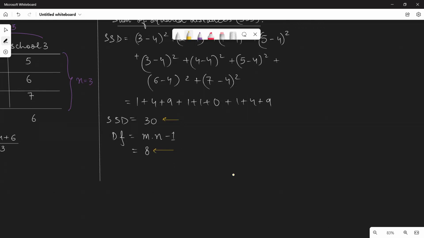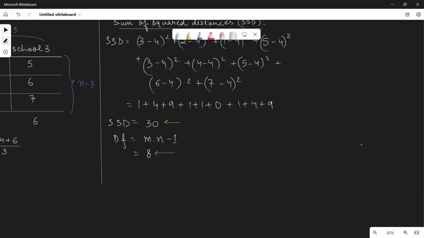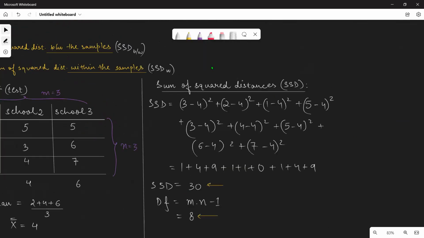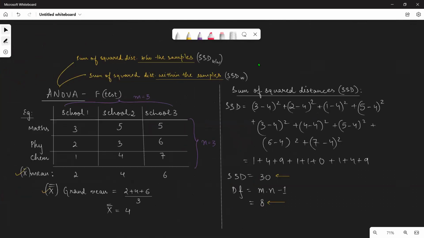Now I'm telling you this observation before even getting into the output, what you will observe. I told you that we are supposed to calculate SSD between and then SSD within, right? And then what have we done? We have calculated SSD for the entire sample, for the total number of subjects.